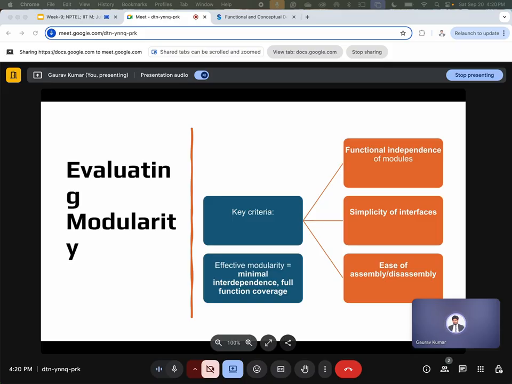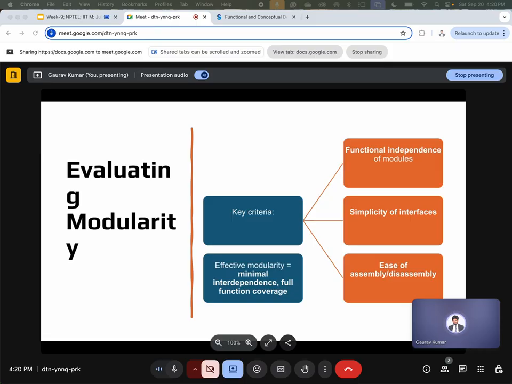High modularity ensures that functions are clearly isolated with minimal overlap between modules. Another important criterion is interface simplicity. Effective modular design relies on a well-defined interface that allows modules to interact seamlessly without excessive complexity.